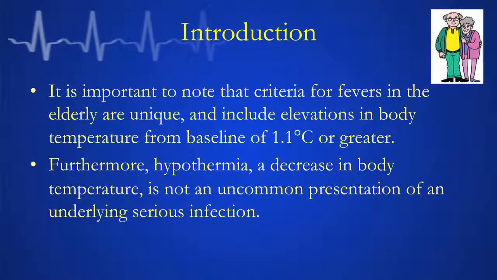It's important to note that criteria for fevers in the elderly are unique and include elevations in body temperature from baseline of 1.1 degrees Celsius or greater. So again, important to know what their baseline is. Mostly that's going to be for your nursing home patients. Furthermore, hypothermia, a decrease in body temperature, is not an uncommon presentation of an underlying serious infection.